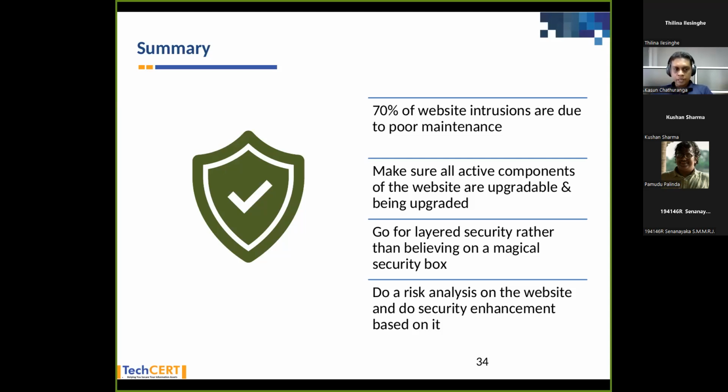It should be a task that can be performed easily, rather than spending days of work on upgrading or updating.